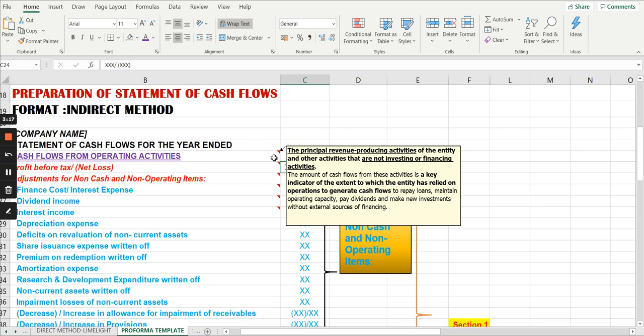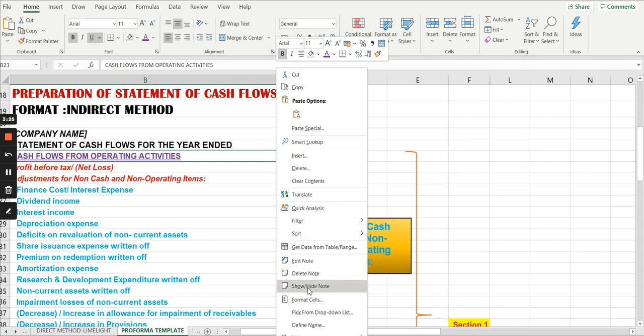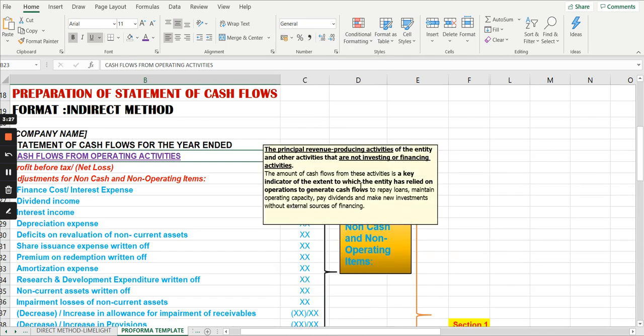And the amount of cash flow coming from these operating activities is the key indicator of to what extent the business entity has been relying on its business operation to generate cash flows.